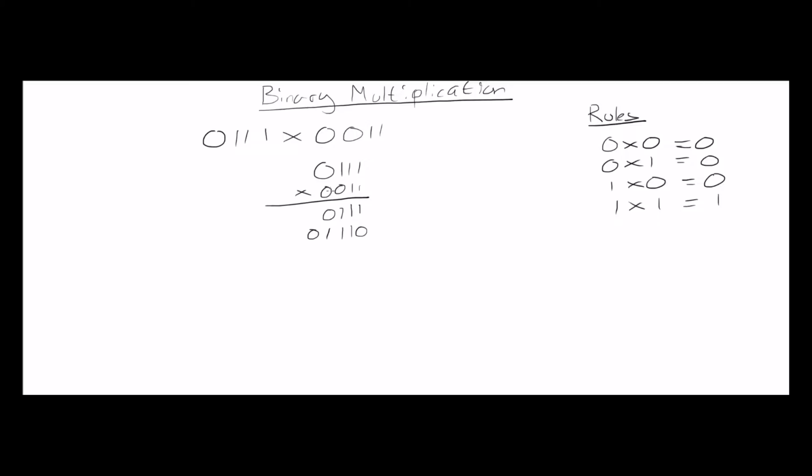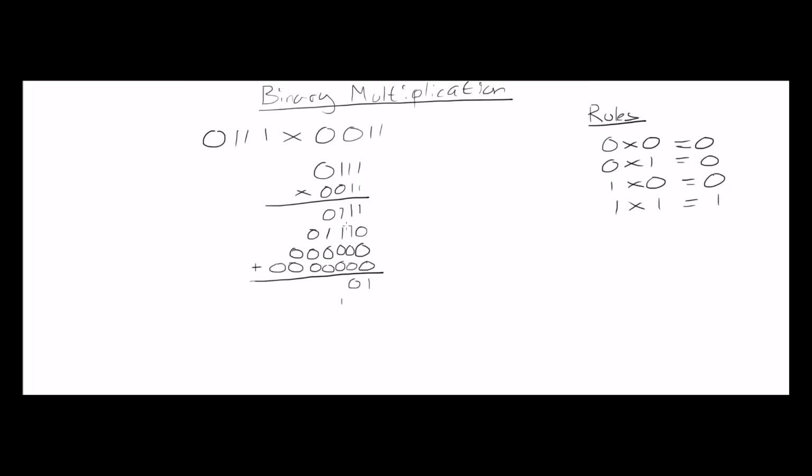And because these 2 bits are 0 here, we know that if we multiply them by the top, all of the resulting bits are going to be zeros. So we can just fill in with zeros. We're going to need to add this part of the column together. So we're going to add this column together, and that's 1. And add this column together, and that's a 0 and carry the 1.